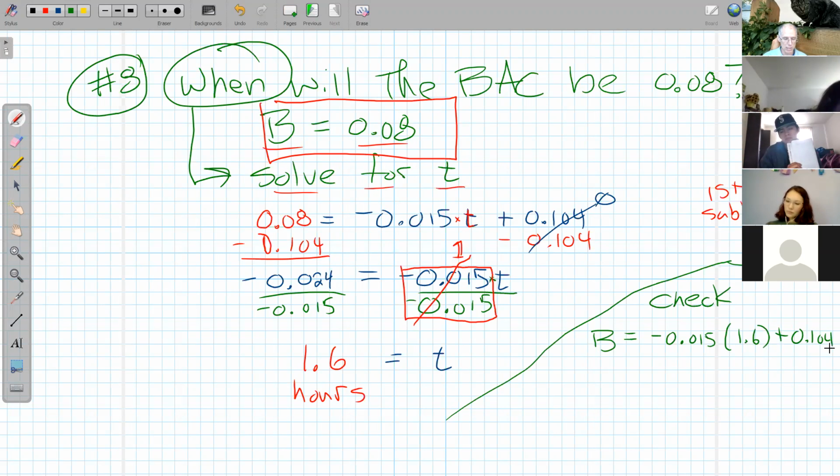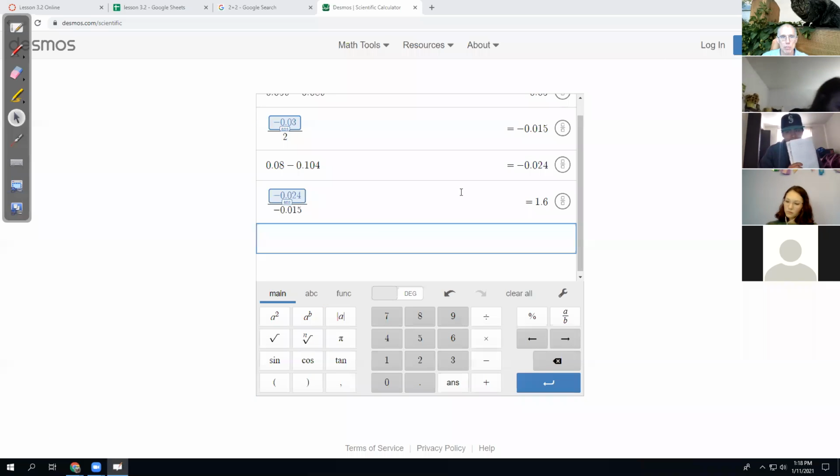So I'm just going to double check, does it really work? Because I'm a master at making mistakes in interesting ways. And I think I typed it right, and Desmos says, yeah, it's 0.08.